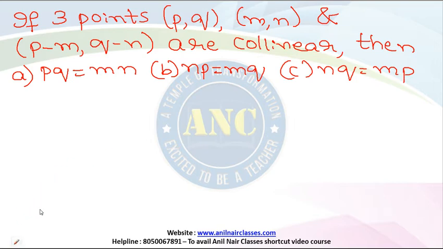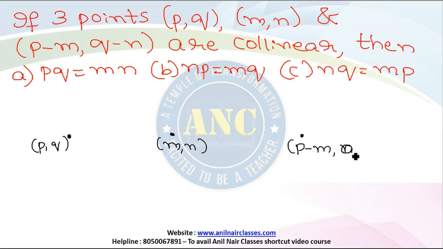Now first of all, these are collinear. That means my first point is P comma Q. Second point is M comma N, and my last point is P minus M comma Q minus N. This is my third point. Collinear means they lie on the same line. That is the meaning of collinear.